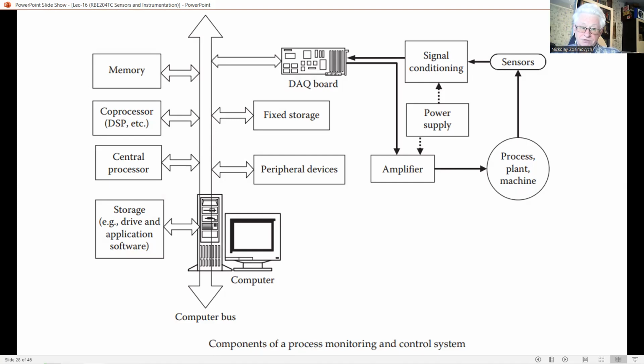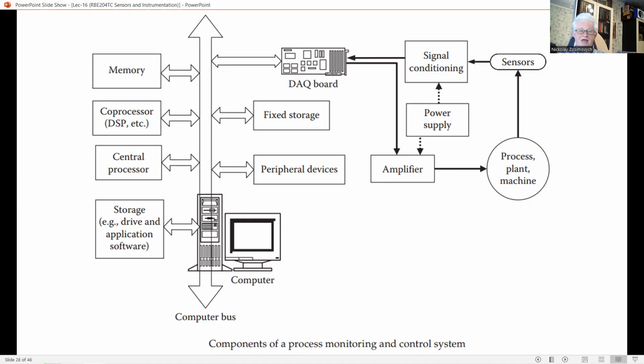A digital computer is an integral component of a typical engineering system and may take the form of a PC, laptop, or one or even more general purpose multiprocessors with powerful processing capability, or more specific microcontrollers with extensive input-output capability. For additional processing power, coprocessors such as digital signal processors may be incorporated.